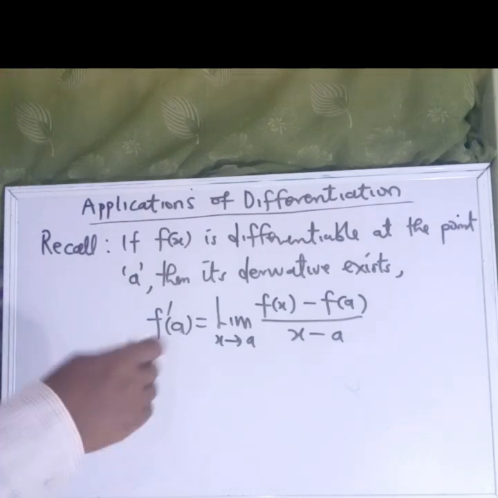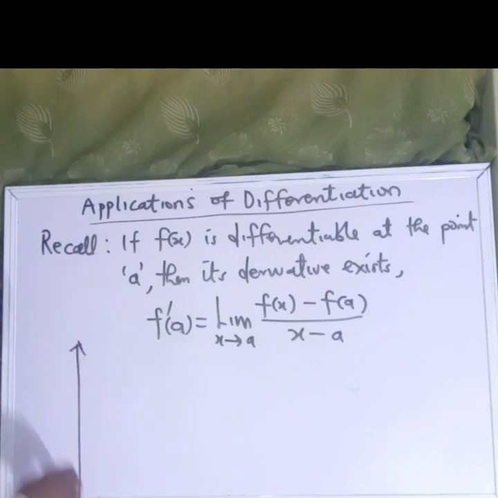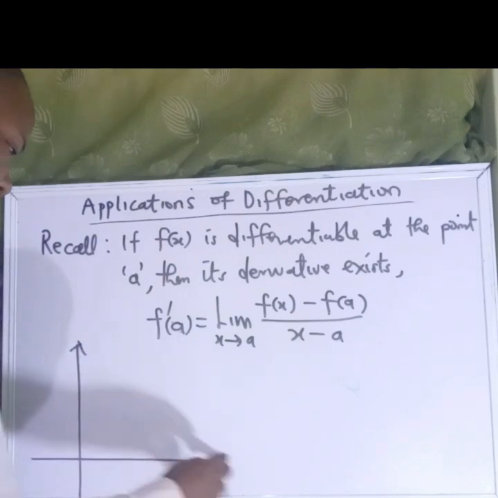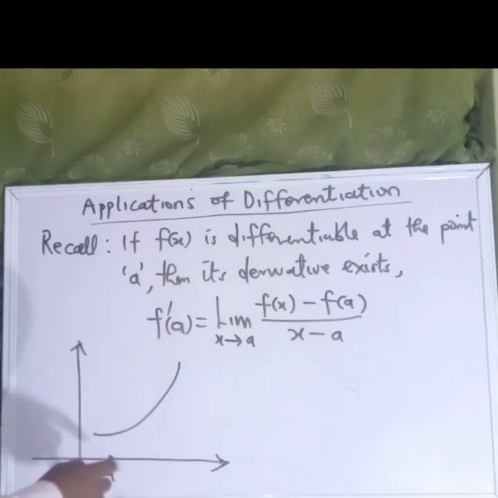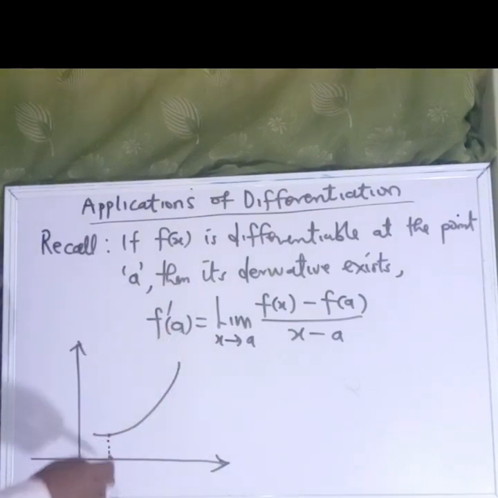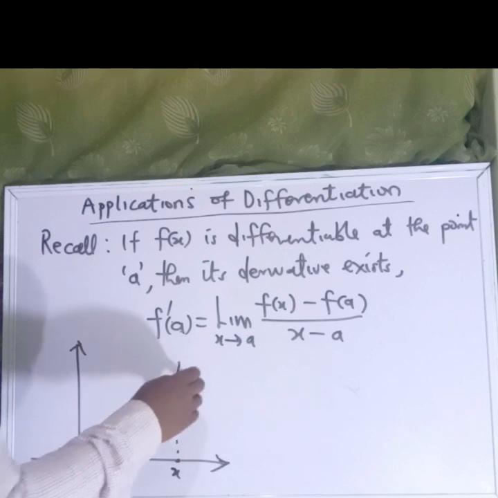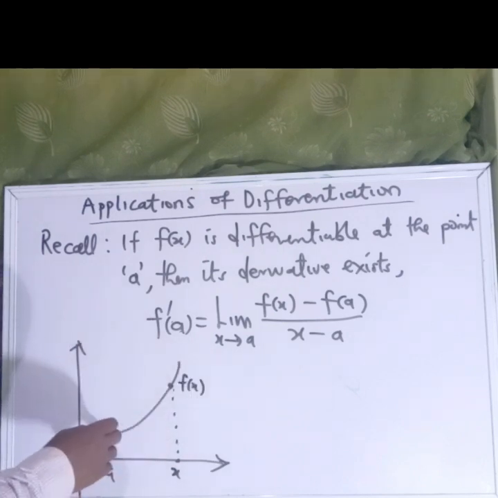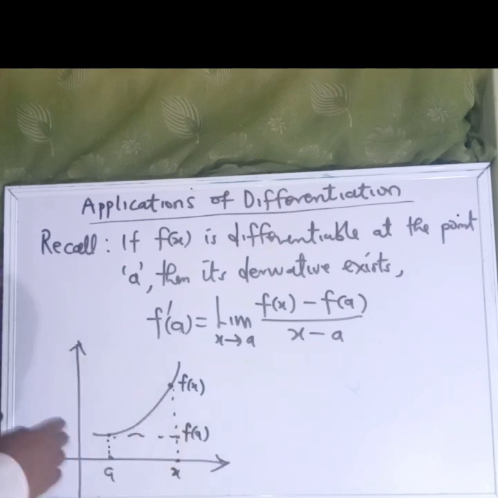Okay, so this can be represented in the graph like this. If you have a curve and this point is A, and the point x is another point. Okay, so this point is referred to as f of x, and this point here is referred to as f of a.